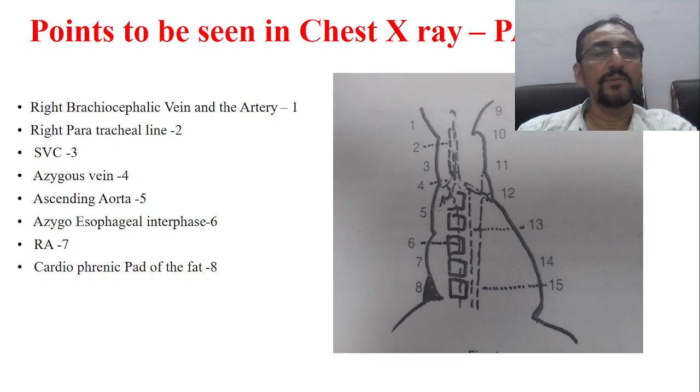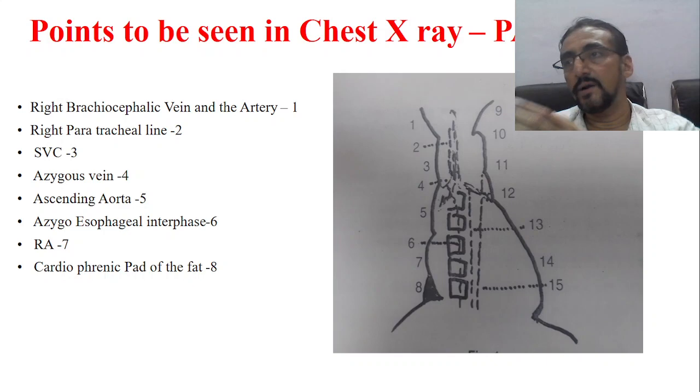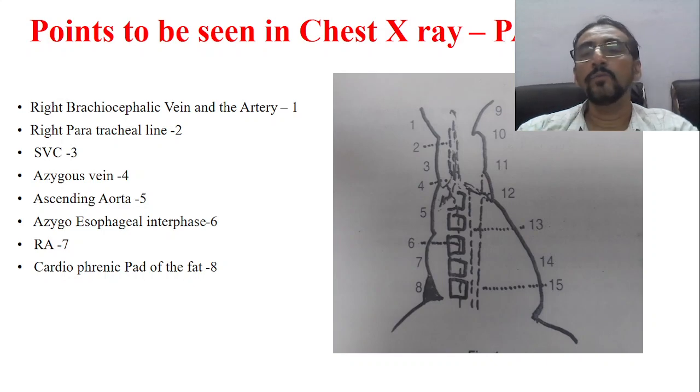White patches may be because of the bones and some other soft tissues, and the black portion which we are seeing is nothing but the air-filled cavities. But this much of information is not sufficient to read the chest X-ray. To read the chest X-ray accurately, what is required is the knowledge of underlying anatomy. So once you know that, then you can interpret it very easily.